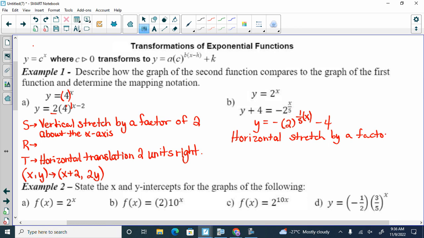Horizontal stretch by a factor of 5 about the y-axis. Do I have any reflections? I have a negative in the front, so I have a reflection in the x-axis. And I have a vertical translation.